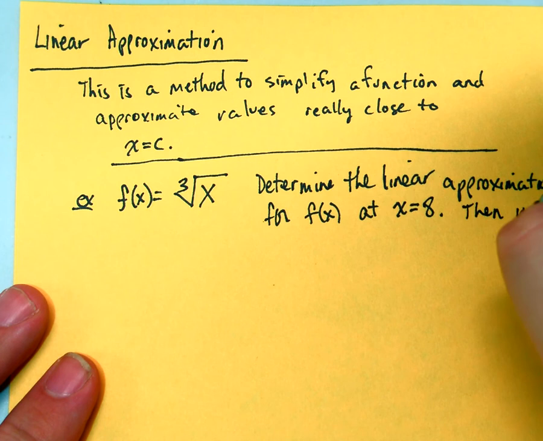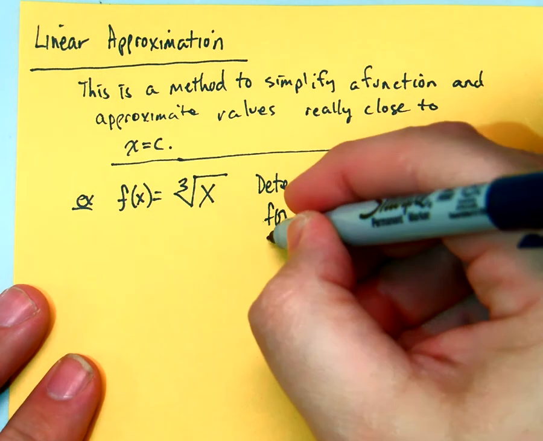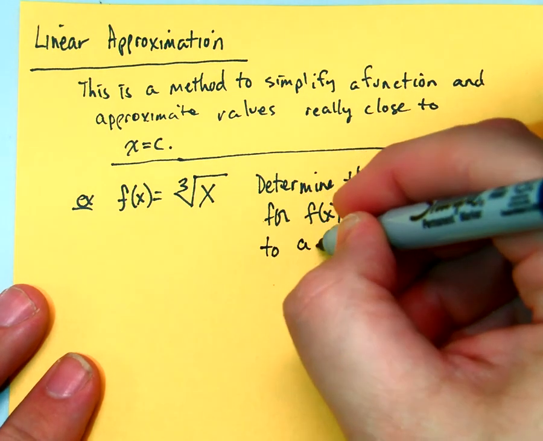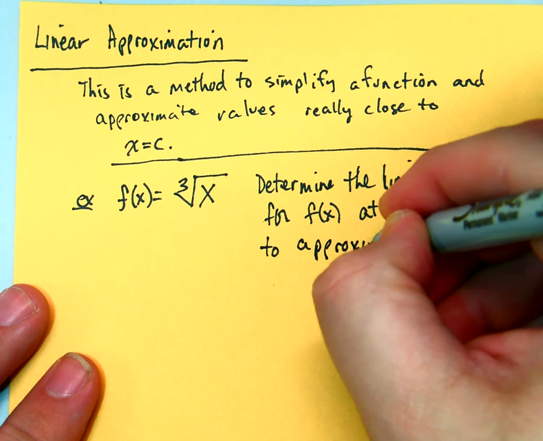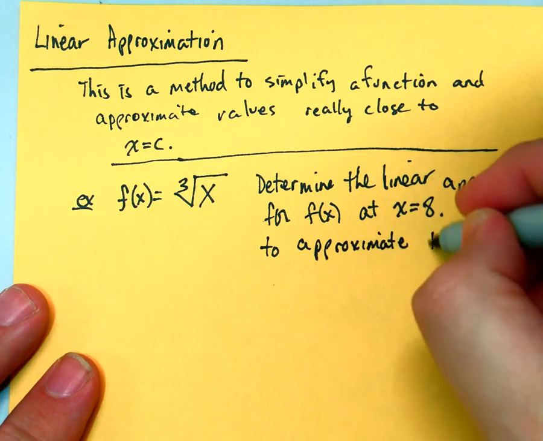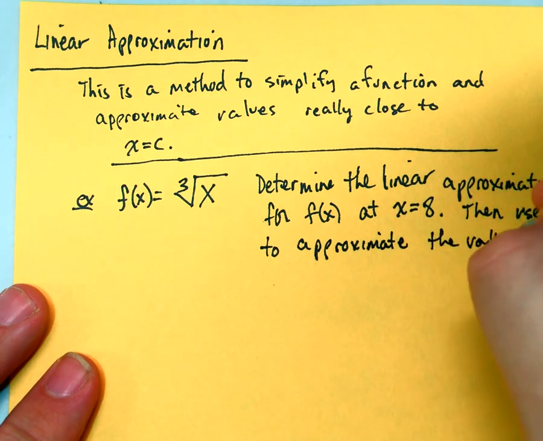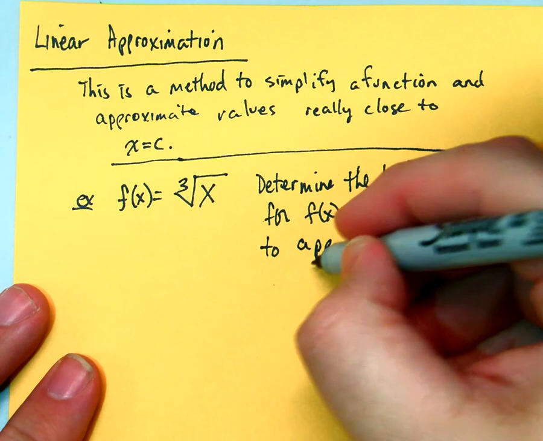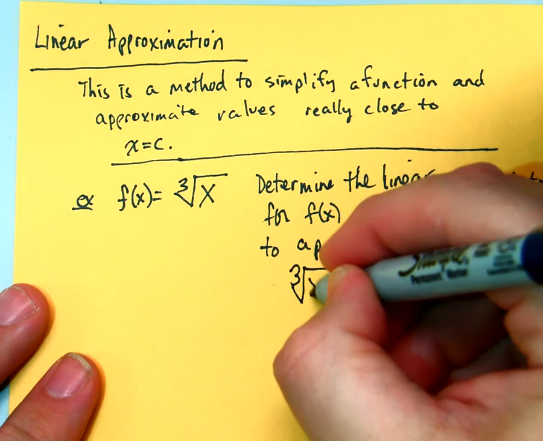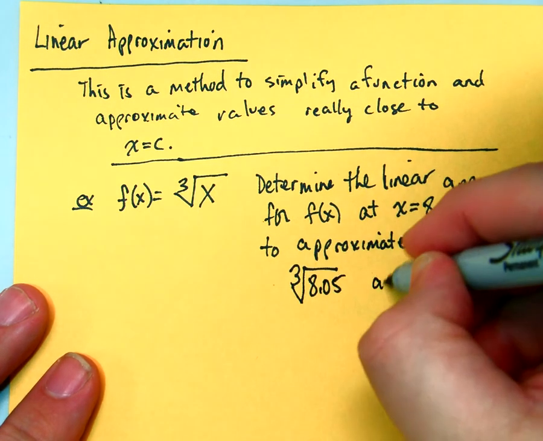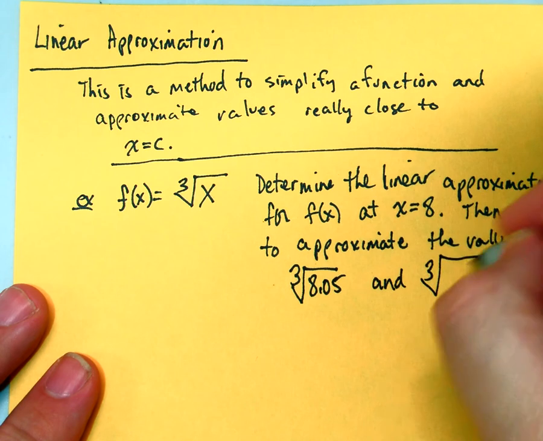Then use it to approximate the value of the cube root of 8.05 and the cube root of 25.